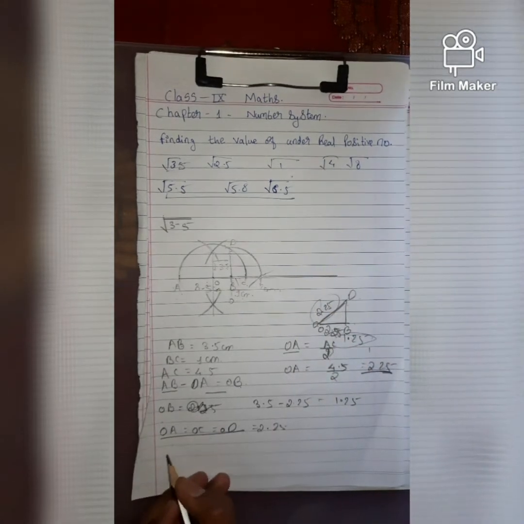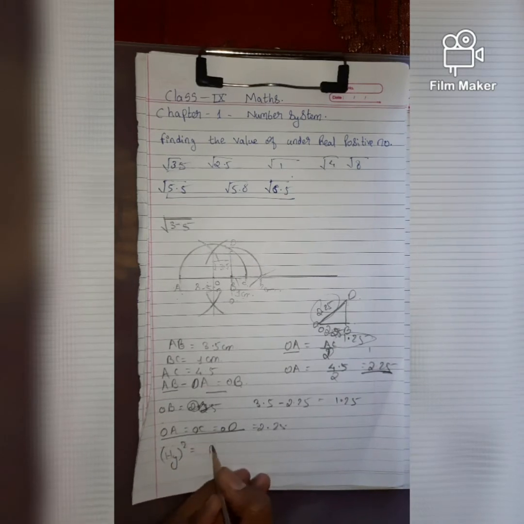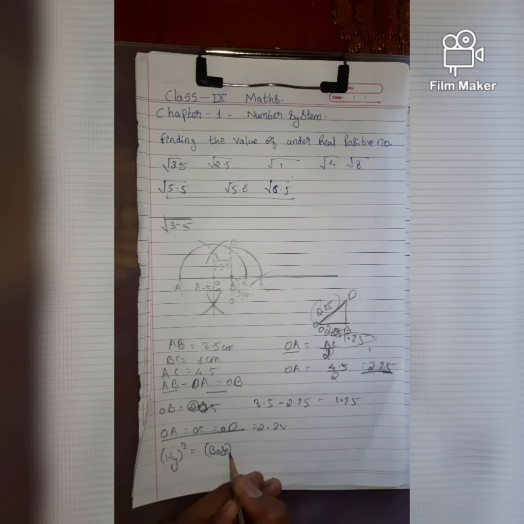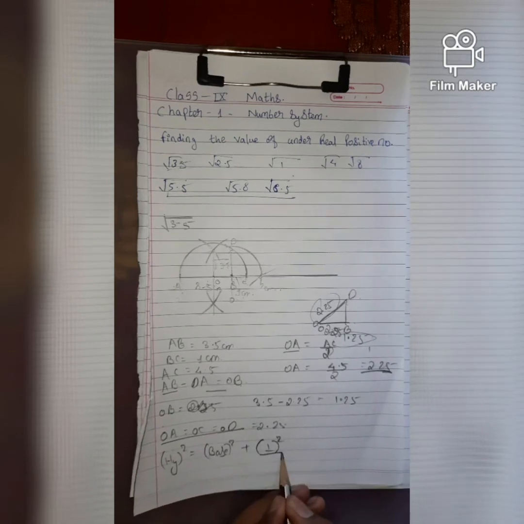As we all know, hypotenuse squared is equal to base squared plus perpendicular squared, and here we have to find the value of the perpendicular.